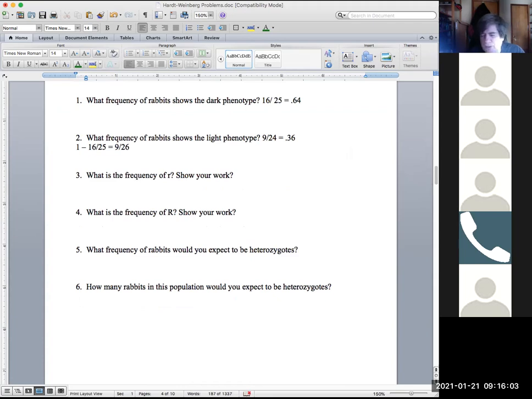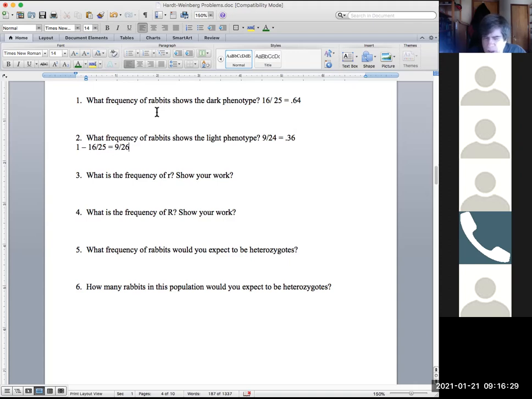Okay, I'm gonna stop right here for a moment, and we're gonna take about 5 minutes, and I'm gonna let you work on questions 3 through 6 about these rabbits. So we figured out the individuals that are, if we think about the dark phenotype, that could either be big S squared, or that could be 2 times big S little s.